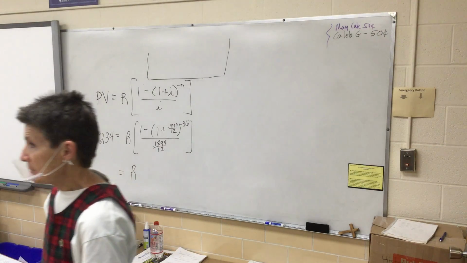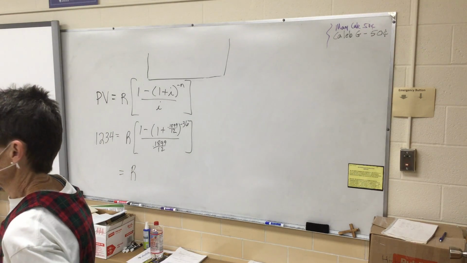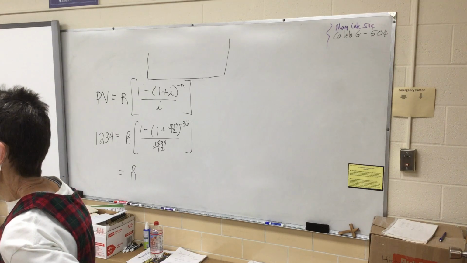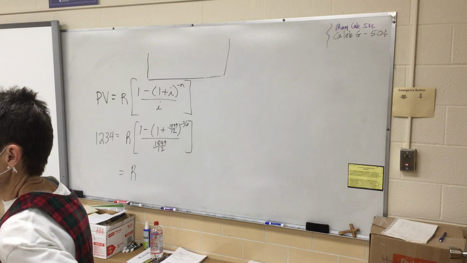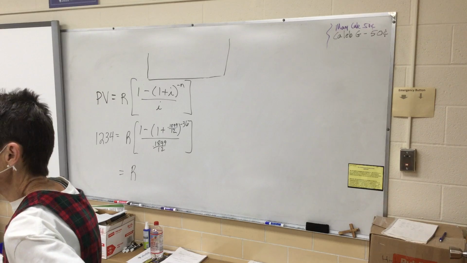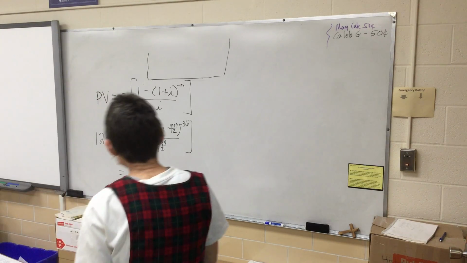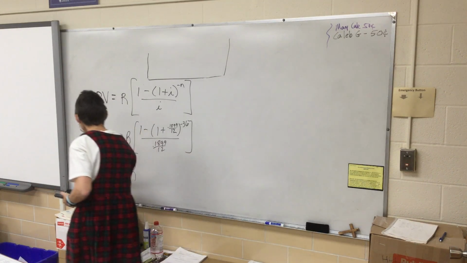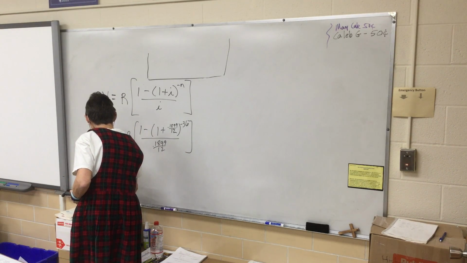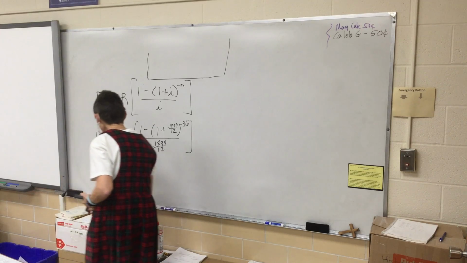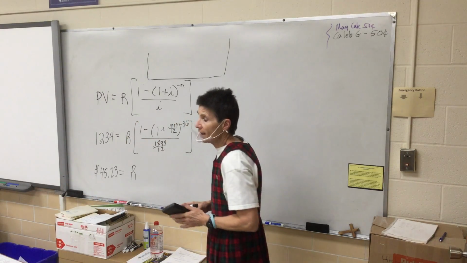Anybody got a payment amount? Someone shout it out. Next time you have to do it on test. $45.23. Yep, $45.23, that's exactly right. Now, you're thinking to yourself, oh, that's not so bad.